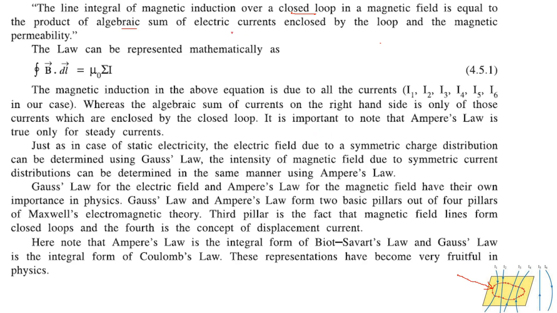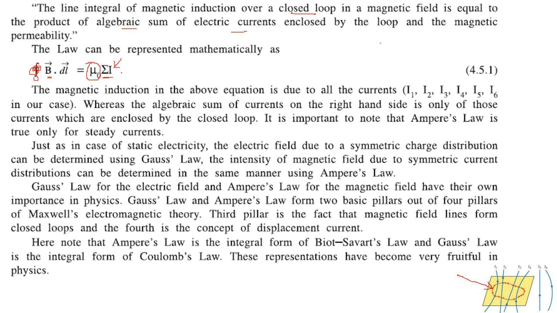How can we present this mathematically? The line integral of magnetic induction over a closed loop in a magnetic field is equal to the algebraic sum of electric current enclosed by that loop and the magnetic permeability.